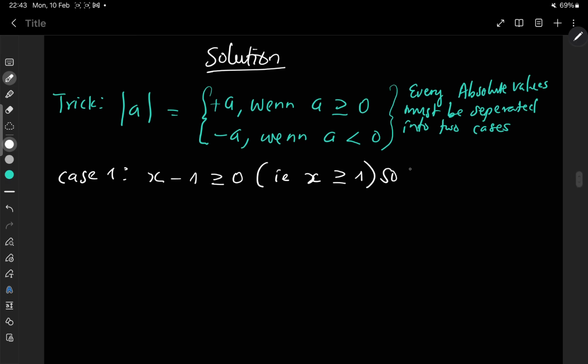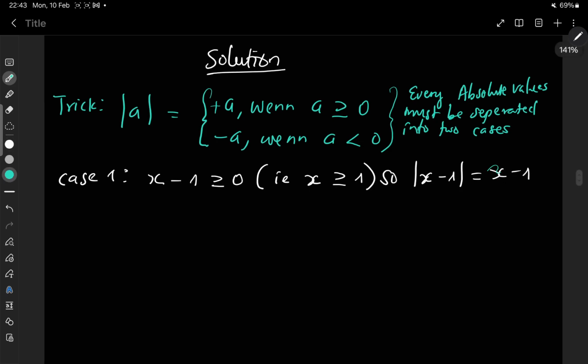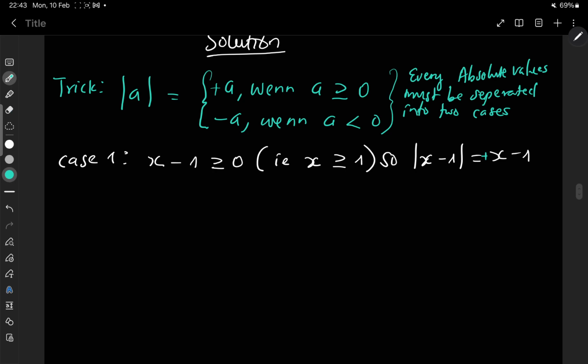So in this case, the absolute value of x minus 1 will be equal to x minus 1, positive x minus 1. This is case 1.